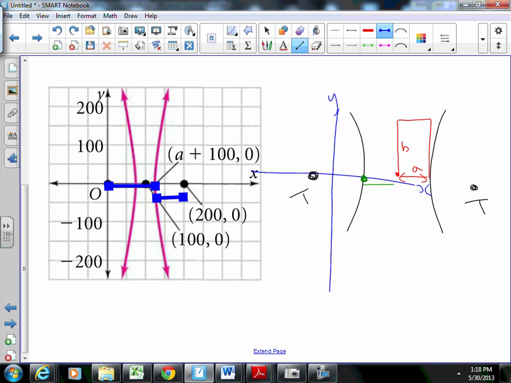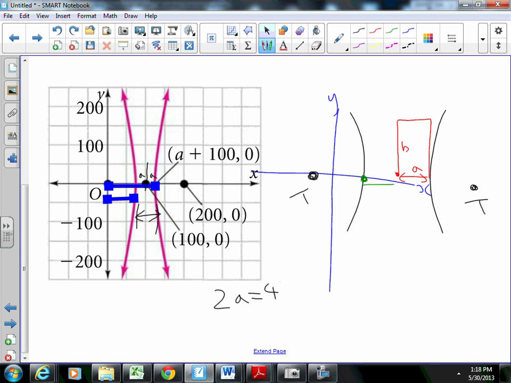And if I rearrange it a little bit, what that basically gives us is this distance in between here. We know that distance is 48 because it told us that it was 48 miles closer. Really, when we look at a hyperbola, we're talking about A and A here, and so basically we know that 2A equals 48.